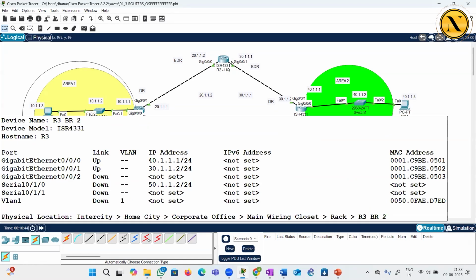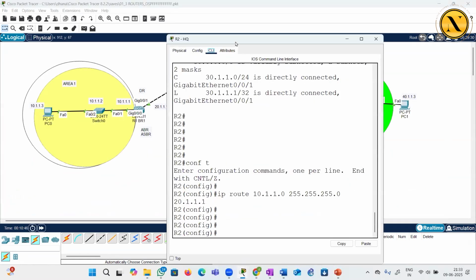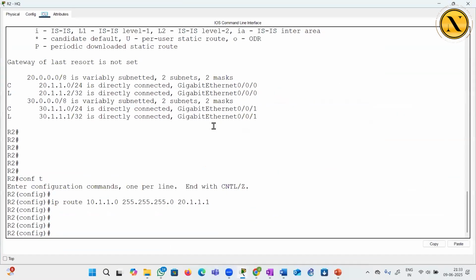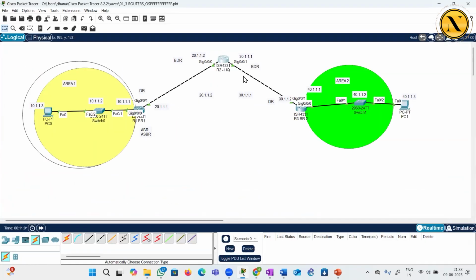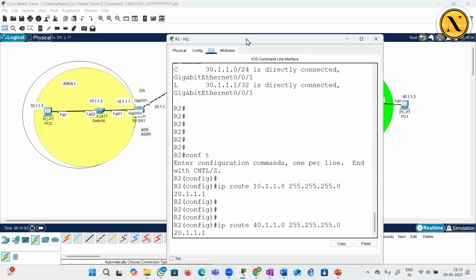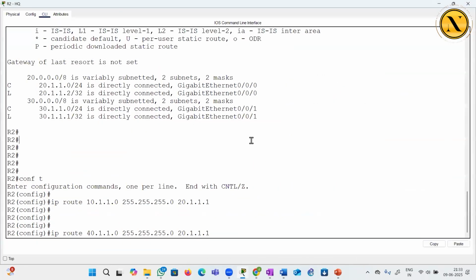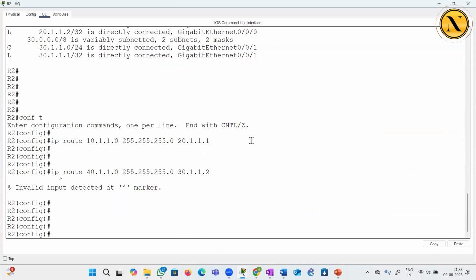Okay, yes. So I'll say up to 40 network, right? IP route up to 40 network. Destination is 40. And my next hop should be 31.1.2, right? This should be 31.1.2. This should be 2 and this should be 30, not 20. Understood, guys?